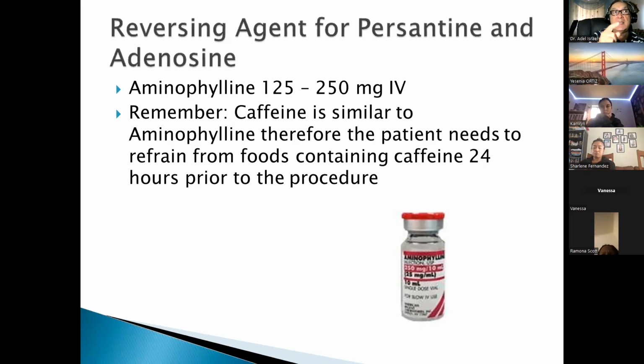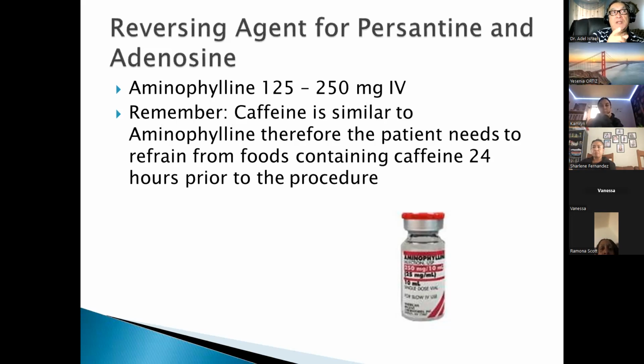Anti means against, an antidote to eliminate the effect of this Persantine and adenosine. What is the name? It is aminophylline. Save it. Aminophylline 125 up to 250 milligram intravenous. It will compensate the effect of the stress test medication.